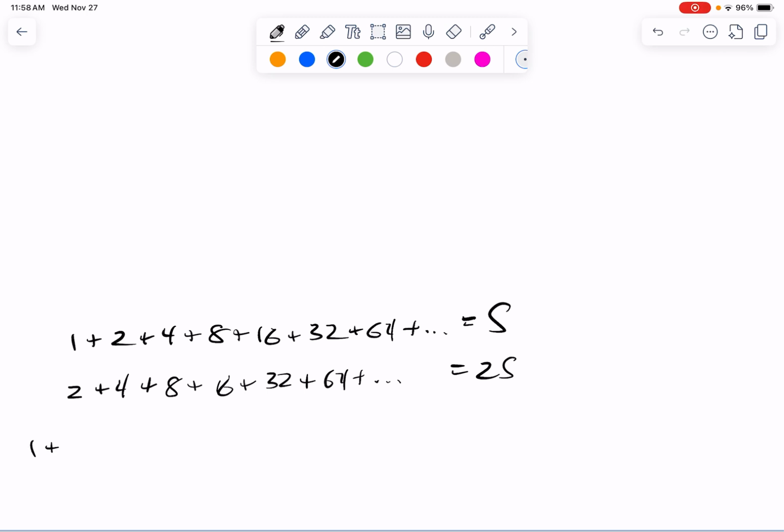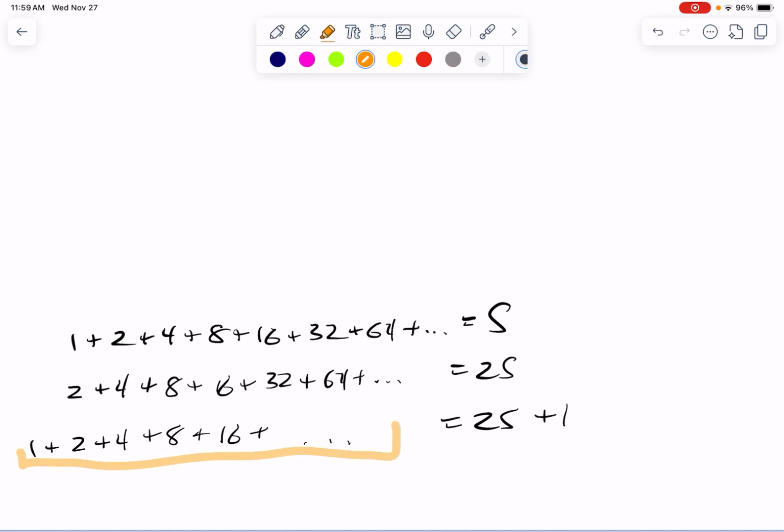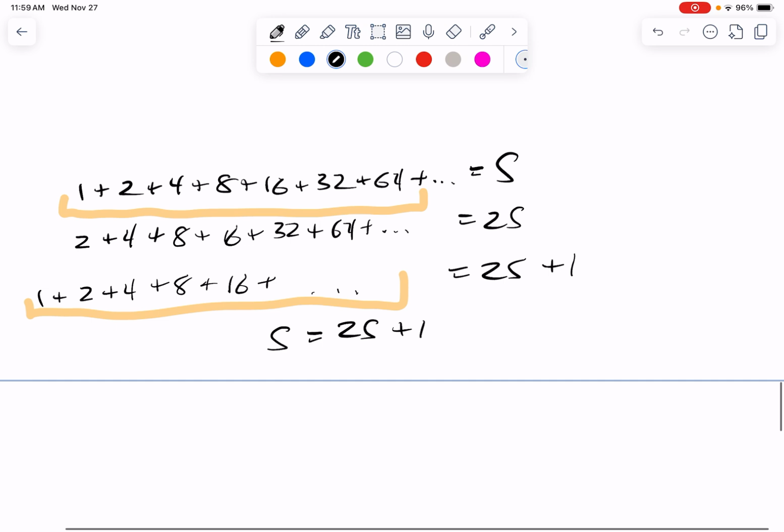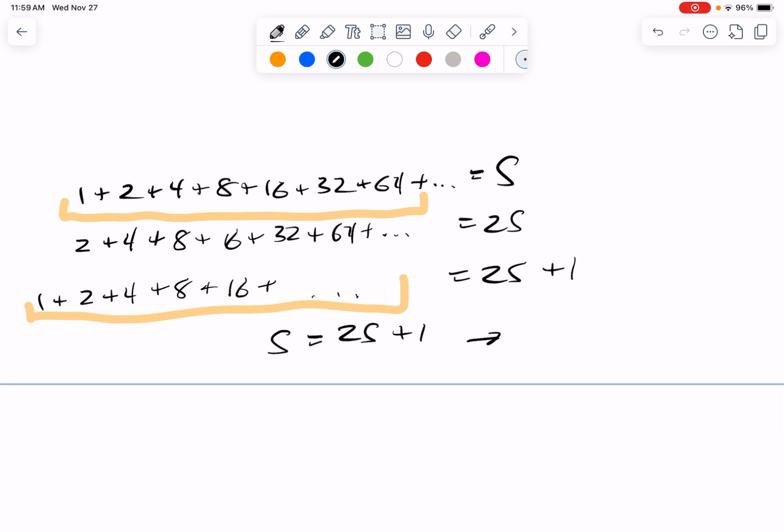Now I'm going to add 1 to each side. We will notice that what we have here is actually the same as what we started with. I doubled it and added 1, and I got what I started with. So this is saying that s is equal to 2s plus 1, which means that negative s is equal to 1 and s is equal to negative 1.